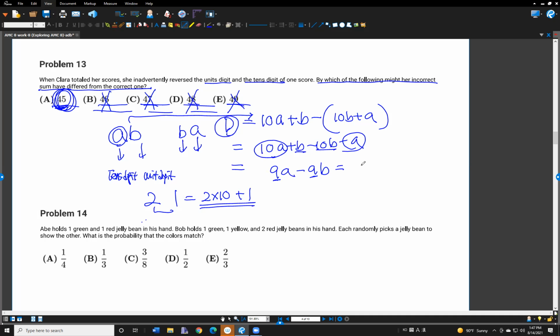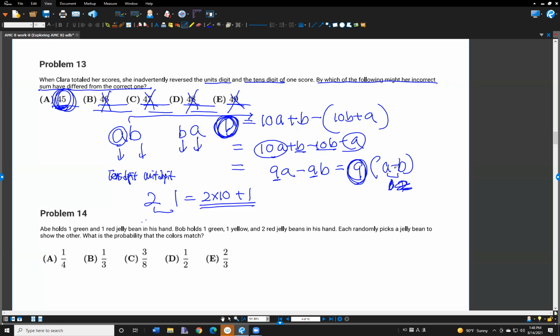You take the common factor out. 9 out, A minus B, isn't it? This difference should always be a multiple of 9. If this is 3, maybe a multiple of 27 is okay too. If this is 1, that is 9. If this is 2, 18 is okay too.